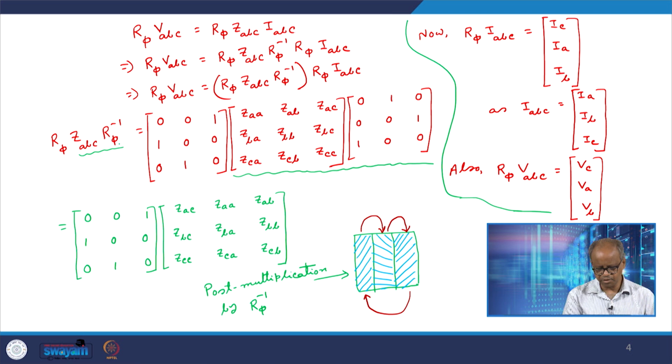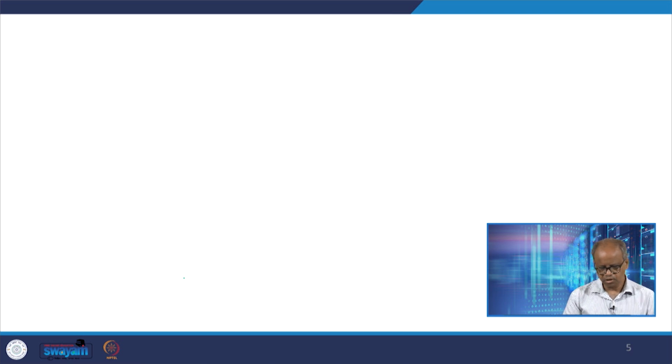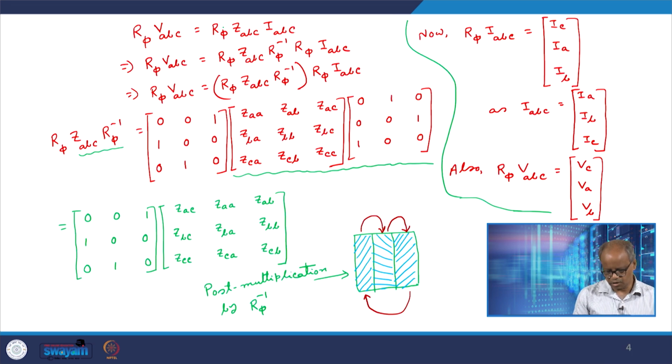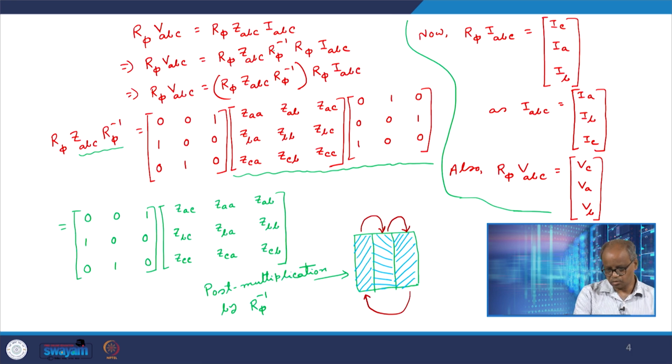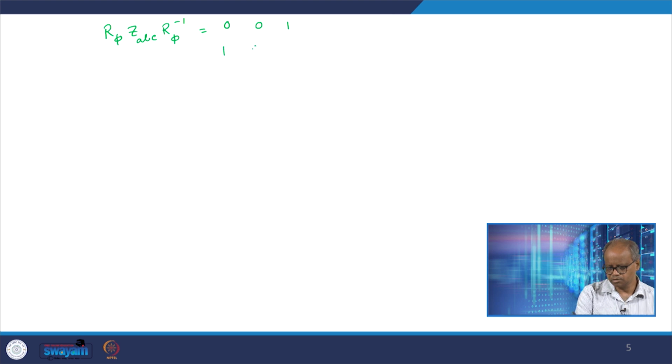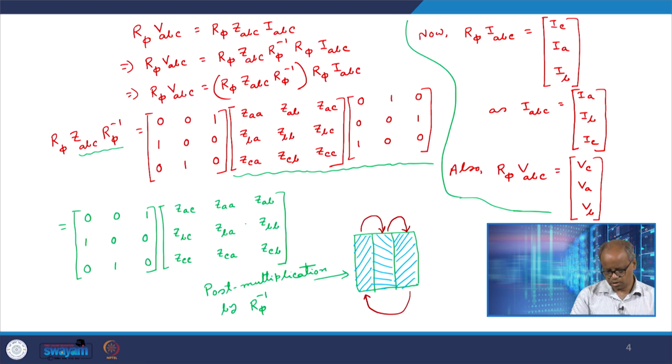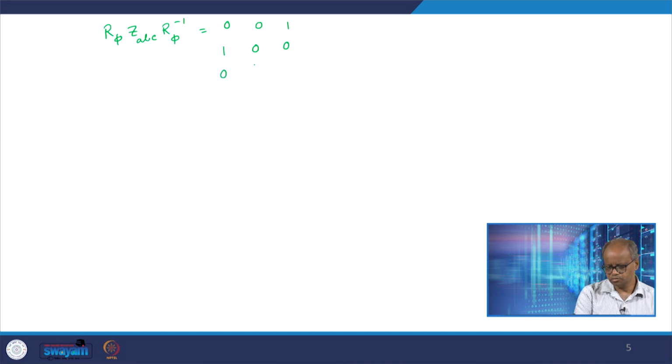R phi into Z_ABC into R phi inverse will be given by R phi, which is 0 0 1, 1 0 0, 0 1 0, and then we have just now evaluated this Z_ABC into R phi inverse.